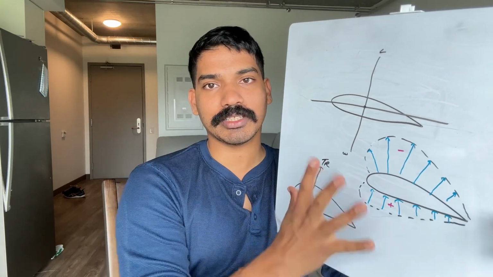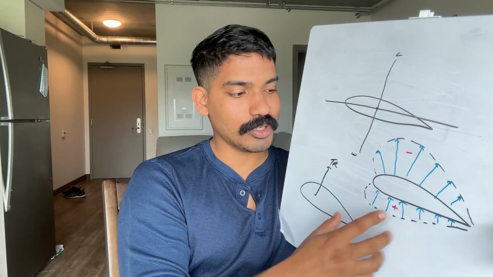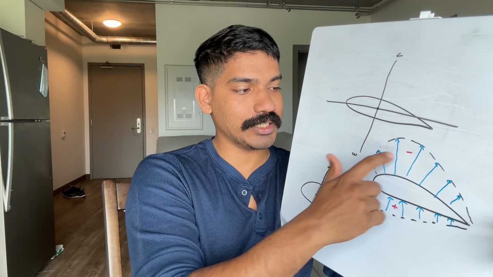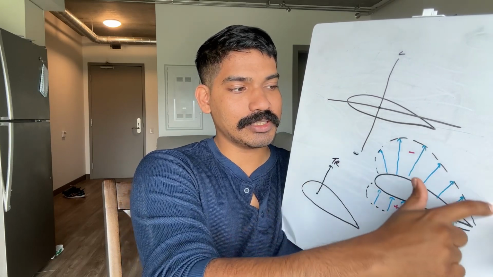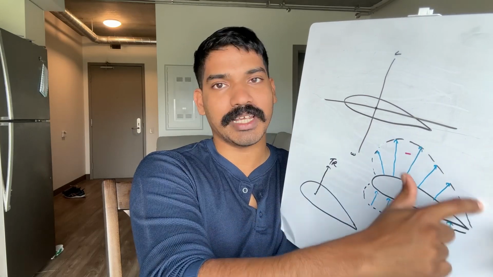Now I want you to look at this diagram. This is a pressure distribution diagram. If you look at it, there's a plus sign here, there's a negative sign here, but you can see that there is a whole pressure distribution area out here.